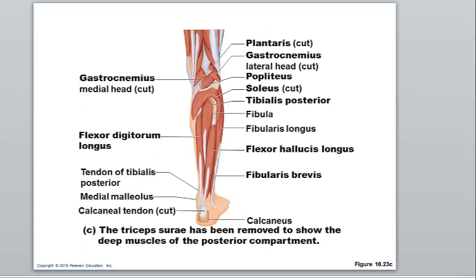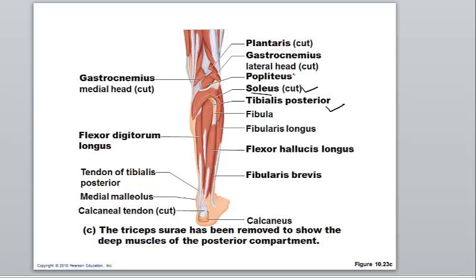Now you can see in this picture the triceps muscle. When you remove the gastrocnemius, you have the soleus underneath it, right? They have cut that, and you can see the tibialis posterior muscle. Tibialis posterior is responsible for foot inversion.